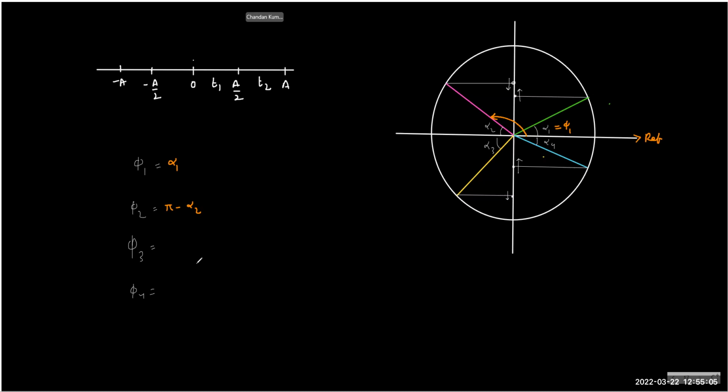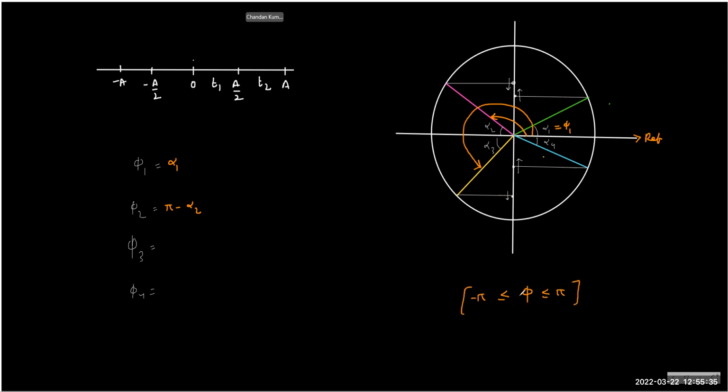Now what about alpha 3? Alpha 3 is an even bigger angle. But if you take the angle like this, the problem is it exceeds 180 degrees. In vectors we have studied that we always write the angle from minus pi to plus pi. So we make sure that we maintain the angle phi from here to here only.